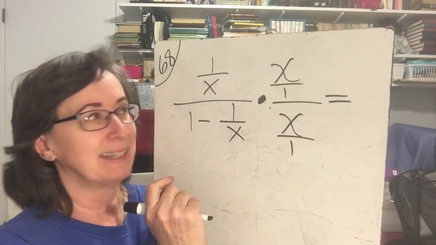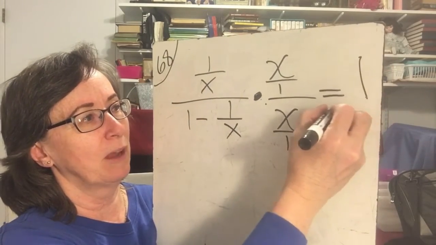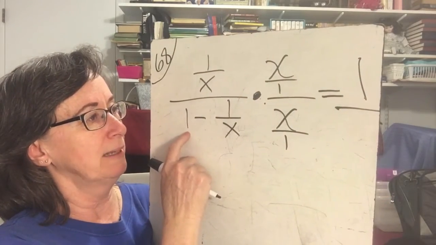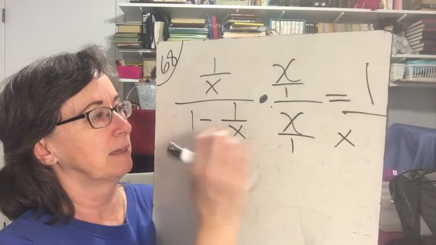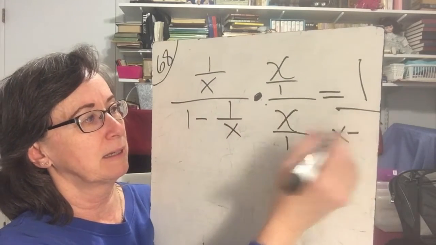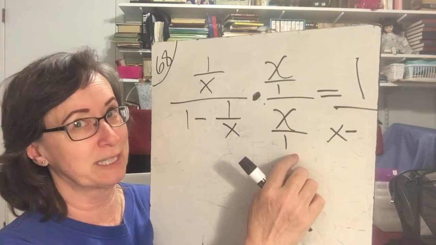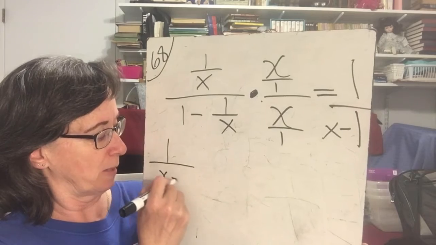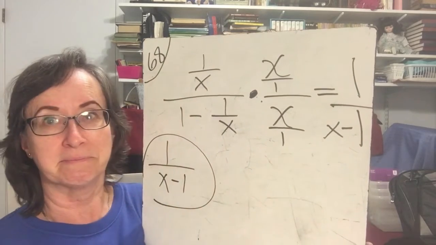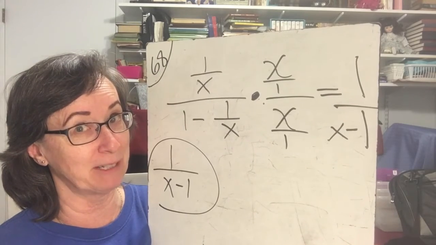Don't I just get 1? So I'm going to get 1 over 1 times x, and x minus 1 over x times x over 1 are reciprocals. So we end up with 1 over x minus 1. That looks pretty nice. Now, that was a really easy way to do it.